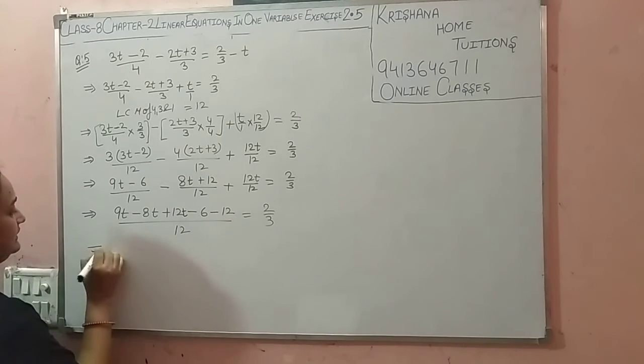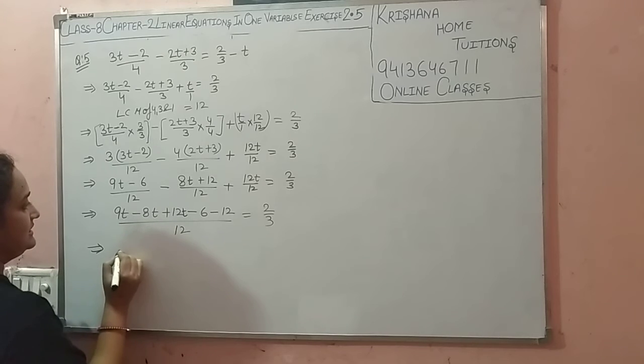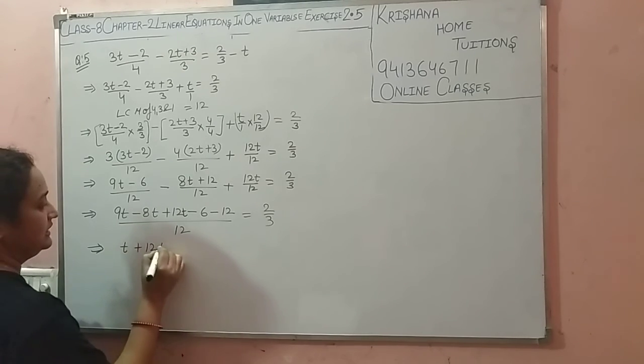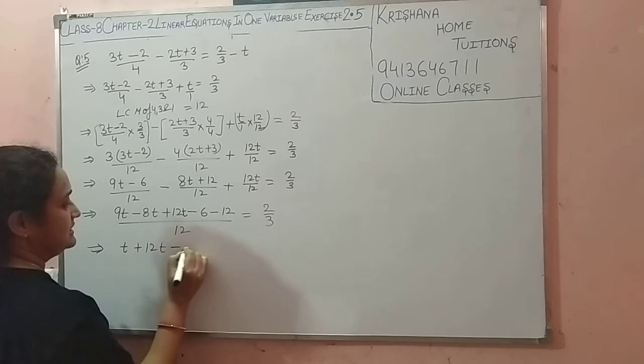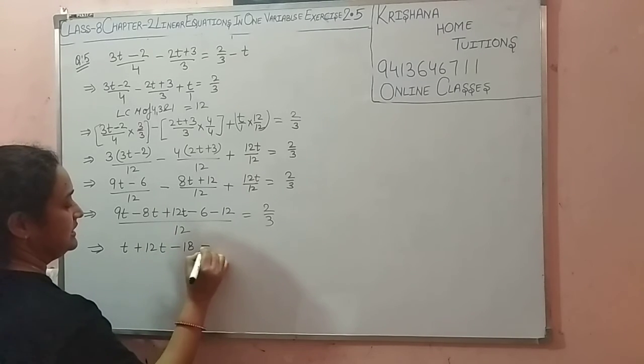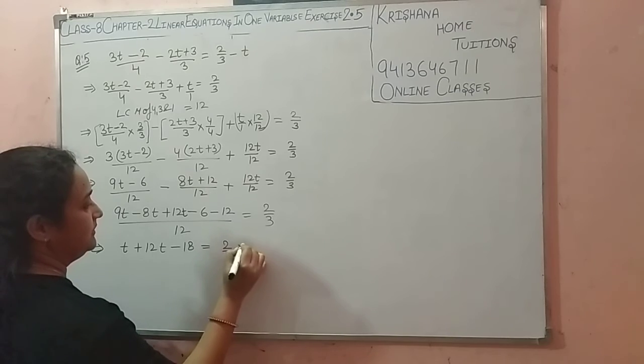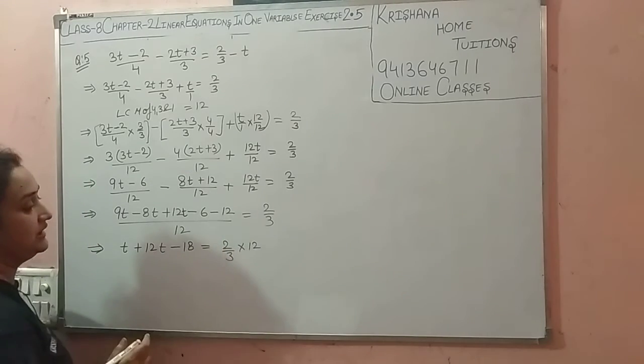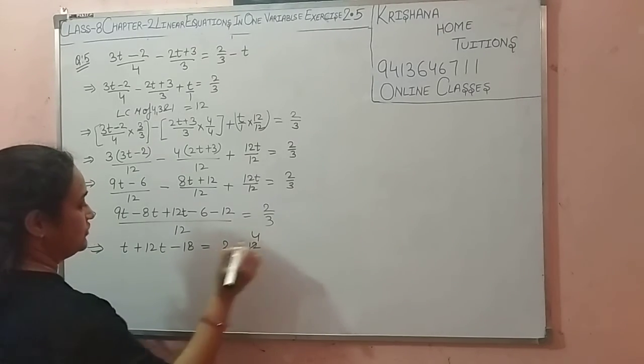Now adding the terms, 9 minus 8 becomes t plus 12t minus 18 is equals to 2 upon 3 multiply with 12. This 12 I am transferring that side. 3 fours are 12.